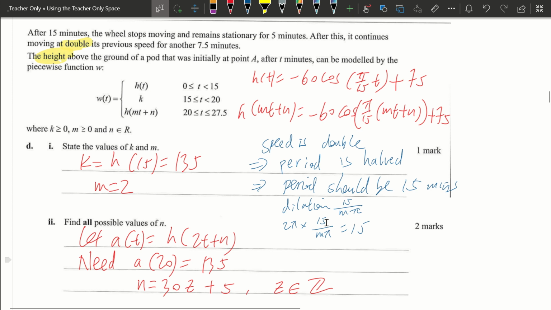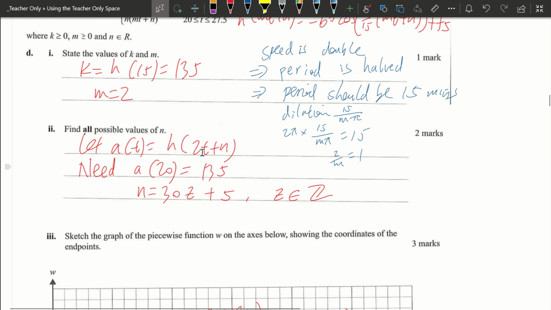So 2 pi times 15 over m pi, the dilation has to be 15 because that's the period I want. And if you cancel things out, 15 goes away, pi and pi go away, 2 over m is 1. So m is 2.